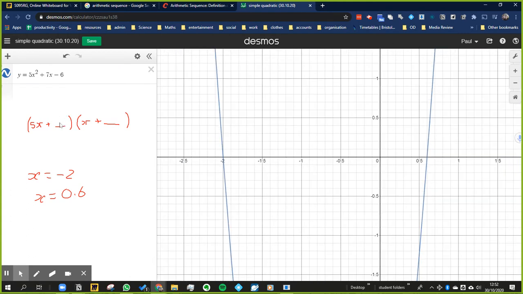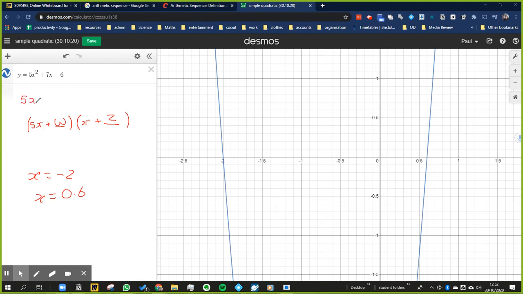If we say that these values are, let's give them a letter. Okay, so let's call them W and Z. So basically, just like in all quadratics, when y is equal to 0, either this is equal to 0 or that is equal to 0.